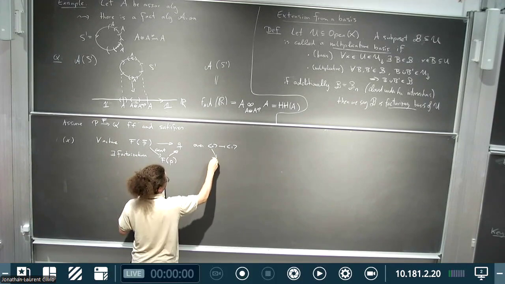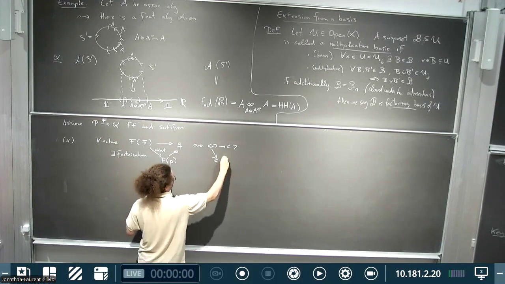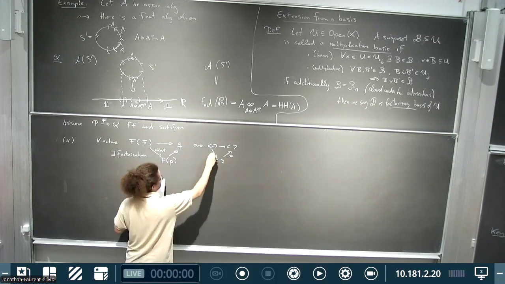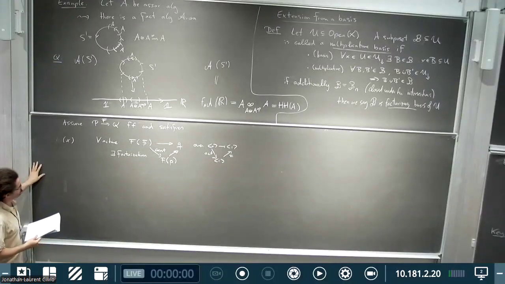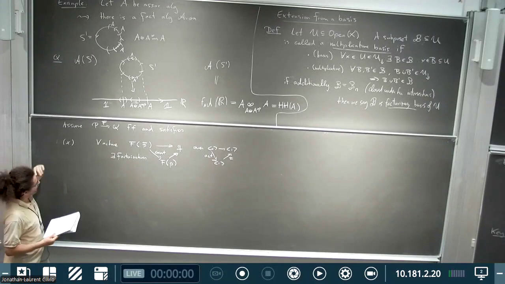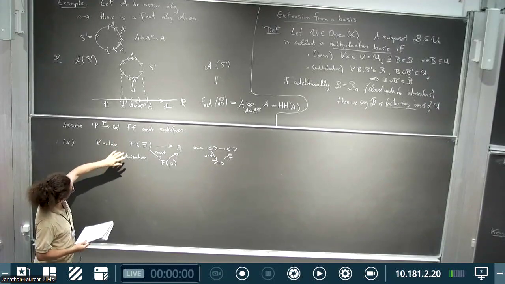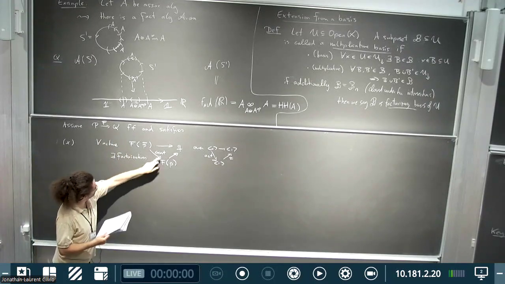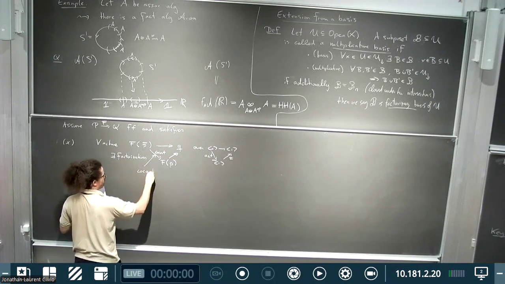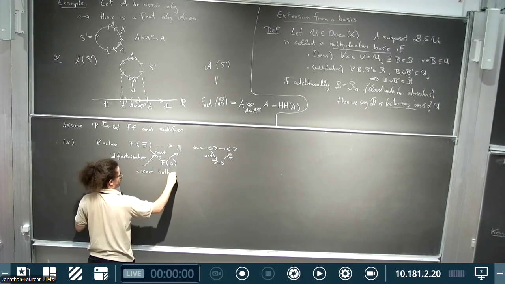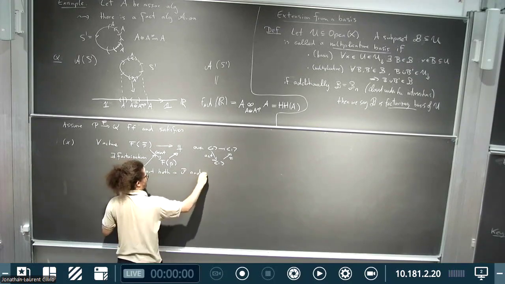So this will be over this, and this is the unique active map. And this thing has to be co-Cartesian both in P and in Q.